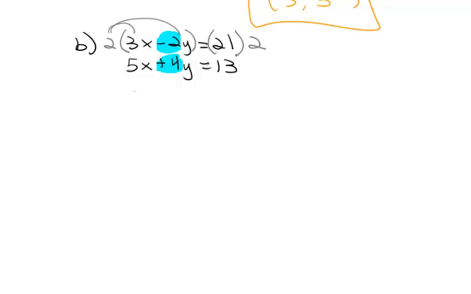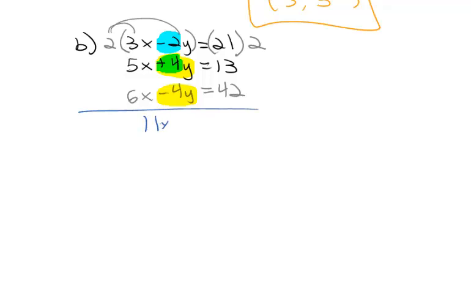So distributing through, we get 6x minus 4y equals 42. Now we have opposites. We've got 4y. We've got negative 4y. We're ready to add these equations together.